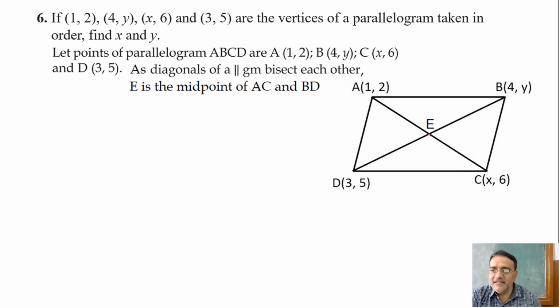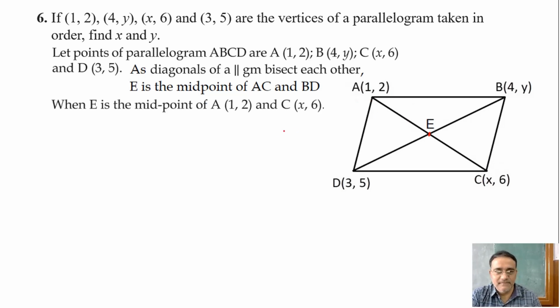So when E is the midpoint of AC, what is the coordinate of E? (x plus 1)/2 and (6 plus 2)/2. Okay, so (x plus 1)/2 and this will become 8/2, 4.